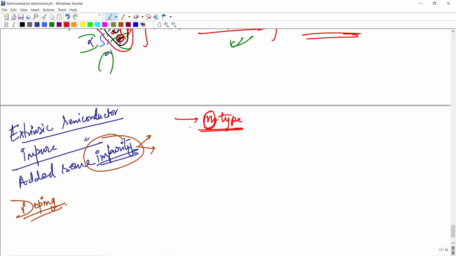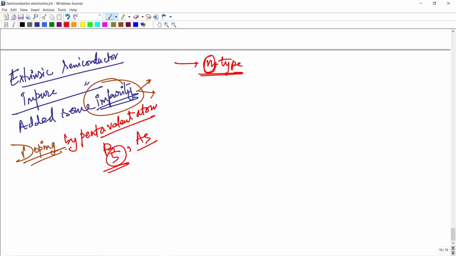Suppose doping by a pentavalent atom like phosphorus, whose last shell electron number is 5, or arsenic, antimony. So here you see a phosphorus, and phosphorus has 5 electrons in its last shell, surrounded by silicon atoms.